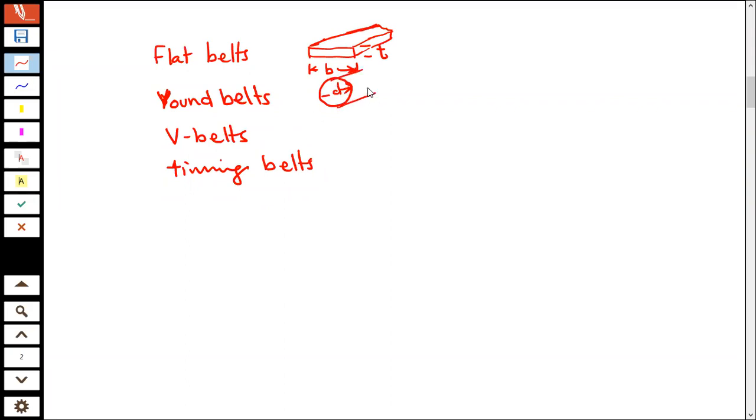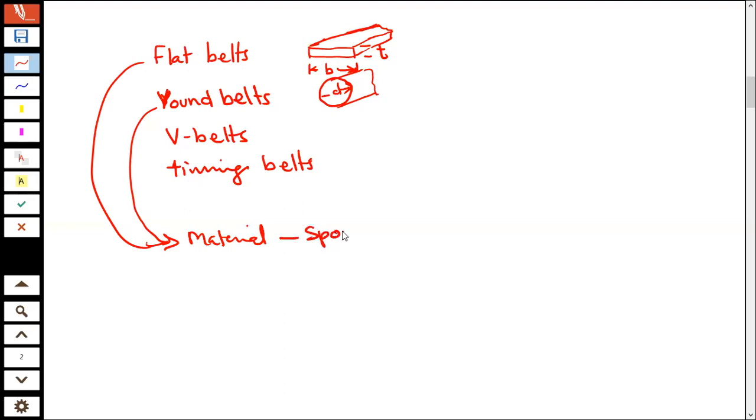Now, in case of flat belt and round belt, the material comes in spools, right? And these are specific materials, but you can make belts of your own choice of length.